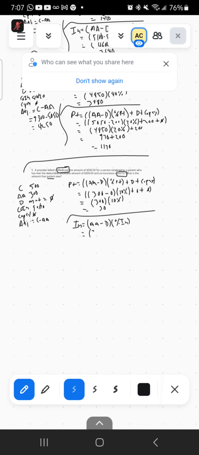The allowed amount is 300 minus deductible, that in this case is 0, times the percentage for the insurance, in this case is 90%. We're gonna multiply 300 times 90%, so $270. We're gonna do 500 for the charges minus 300 for the allowed. That's gonna give us $200. That's gonna be our adjustment or our write-off.